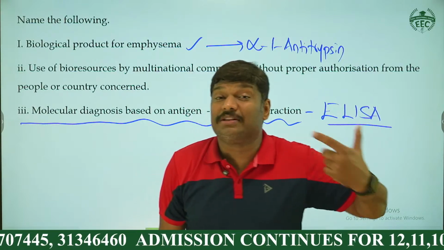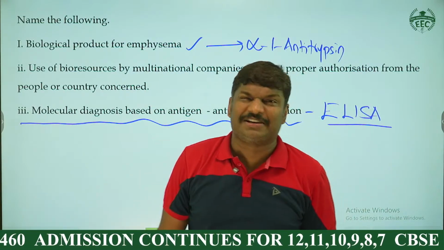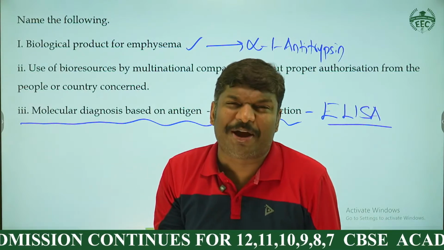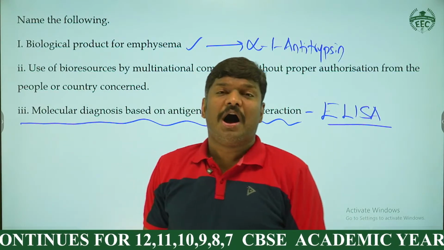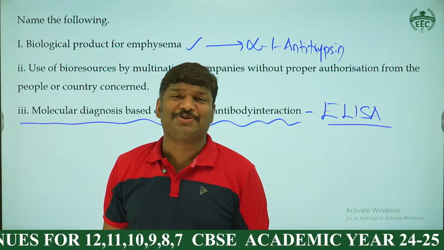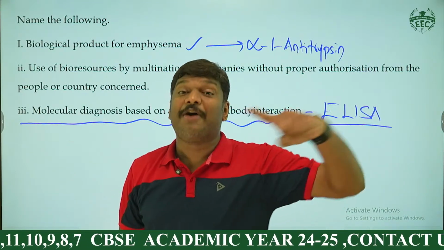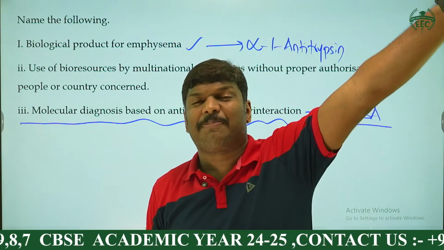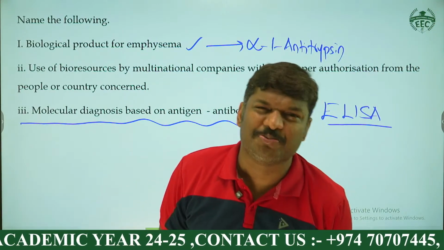They are doing the biotechnological research, and they are taking the bio patent. And after the bio patent, we cannot use our own resources. When we want to do a research on our own bioresources, we have to ask the permission of the multinational companies. And my dear students, it is not possible to tolerate that.